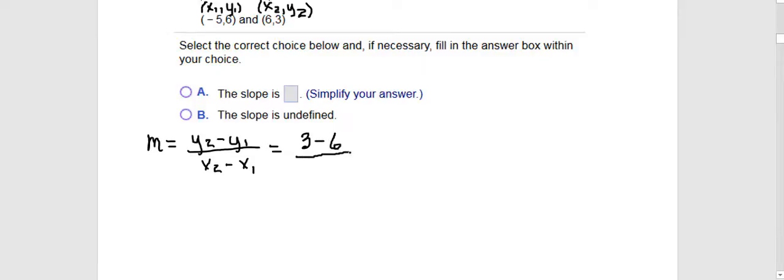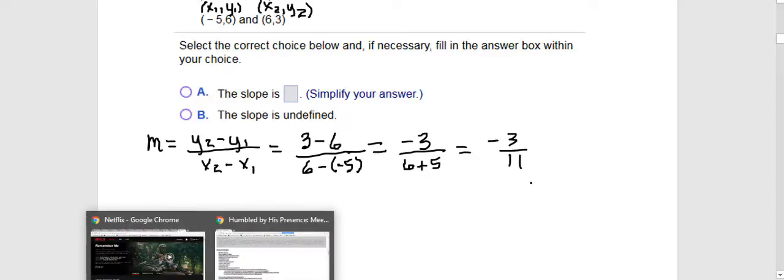So we know the slope, lowercase m, is y2 minus y1 divided by the difference x2 minus x1. So in this case, x2 is 6 and y2 is 3, and x1 is negative 5, y1 is 6. So I put those numbers in their appropriate places.